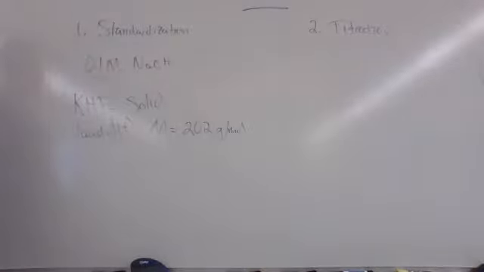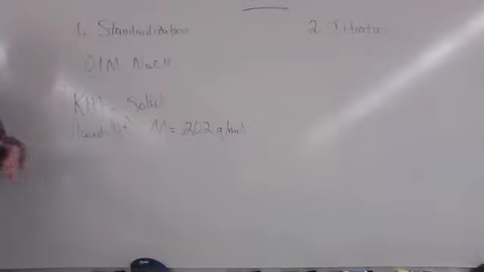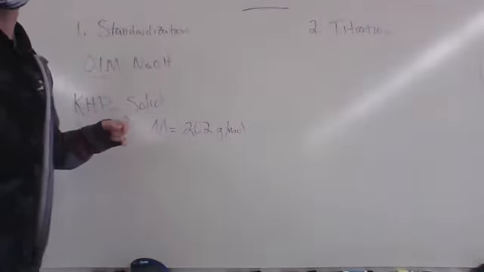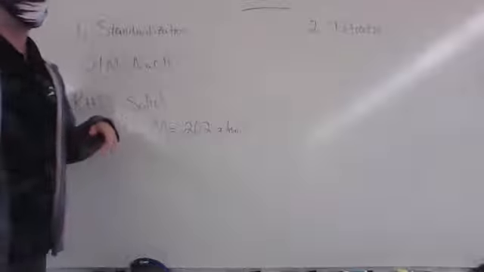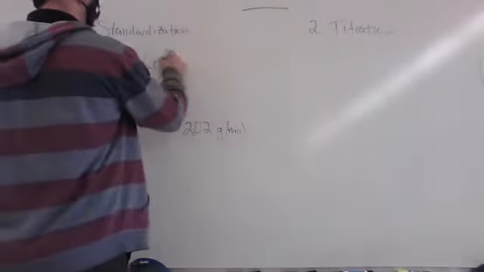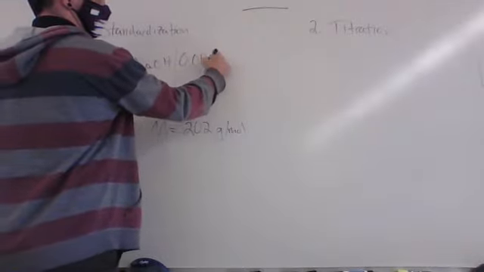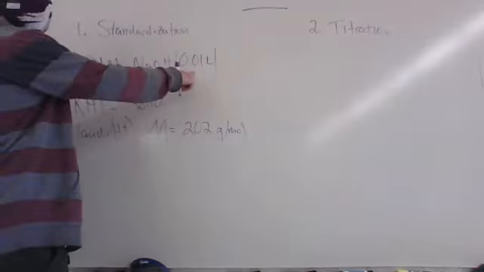Okay, so basically what we're going to do is measure out an exact amount of KHP, and we're going to want to use enough KHP so we have to titrate it with about 10 milliliters of solution. So if we want 10 milliliters of NaOH, we take this 0.1 molar times 0.01 liters, so that's 10 milliliters.